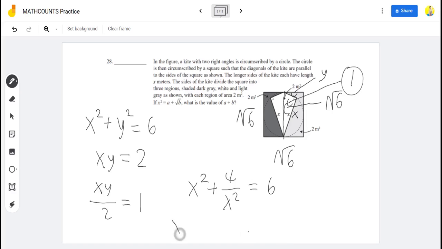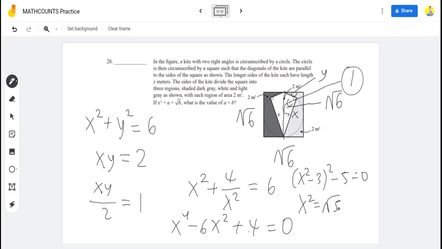This means that x to the 4th minus 6x squared plus 4 equals 0, which means that x squared minus 3 squared minus 5 equals 0, meaning that x squared equals root 5 plus 3. Note that this is not negative root 5 plus 3, since that is y, and y is the smaller one. So the answer is root 5 plus 3, and 5 plus 3 is 8, so the actual answer is 8.